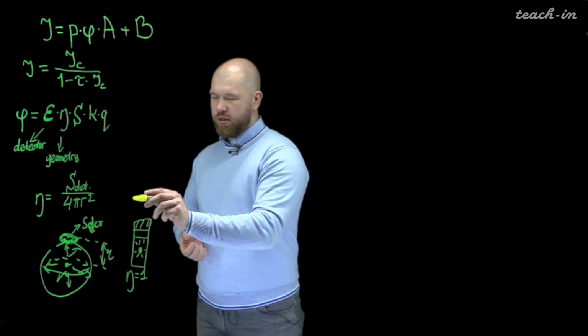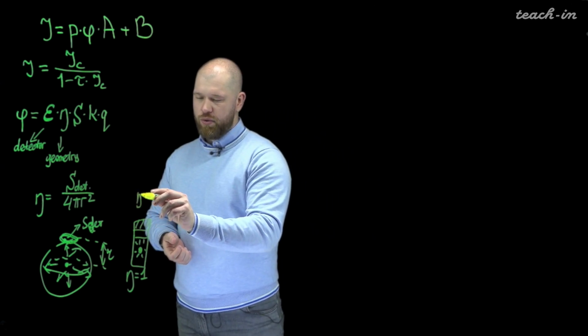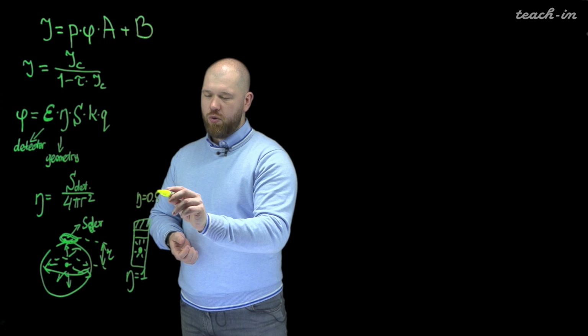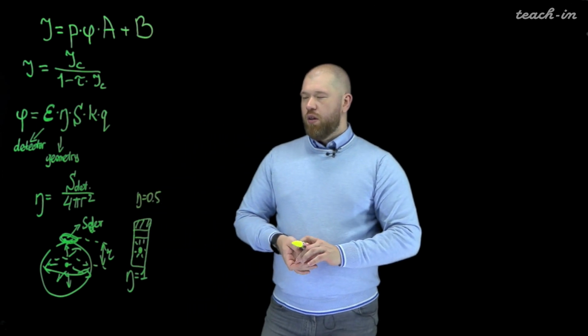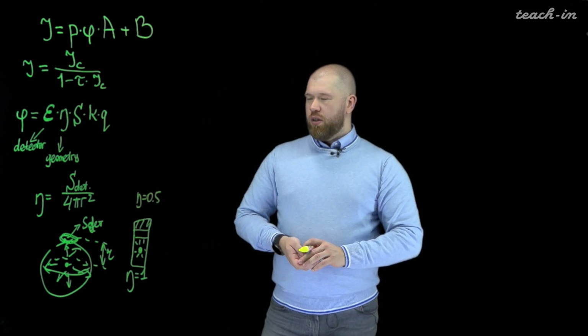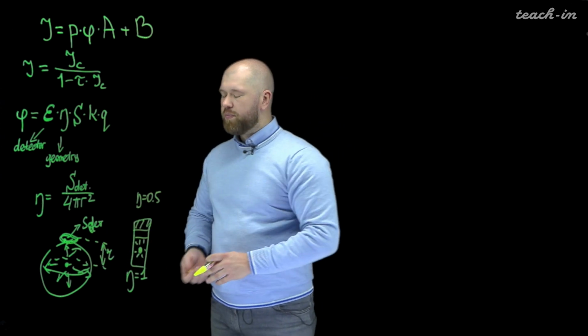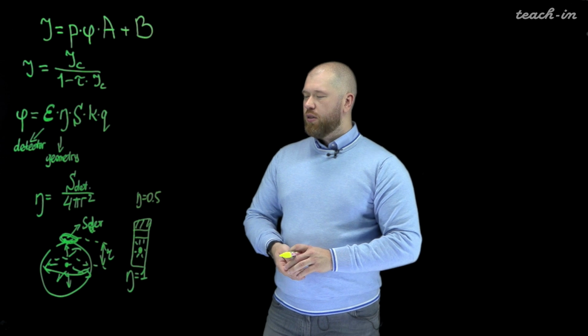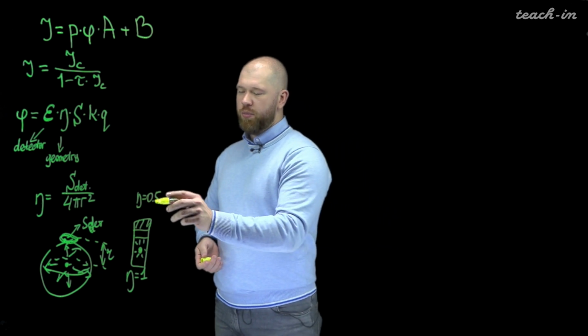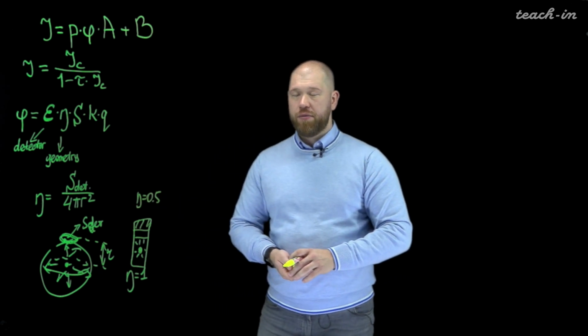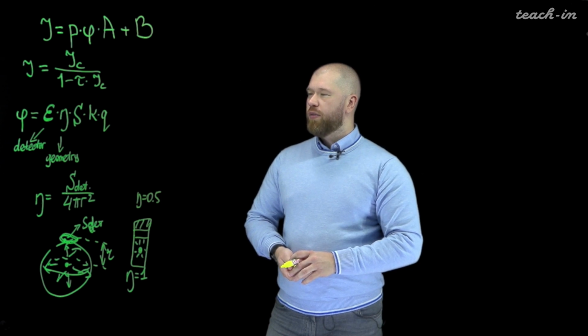And in this case, the geometry parameter will be 0.5. You can see that in many other cases, like in this case, the geometry parameter will be less than 0.5.